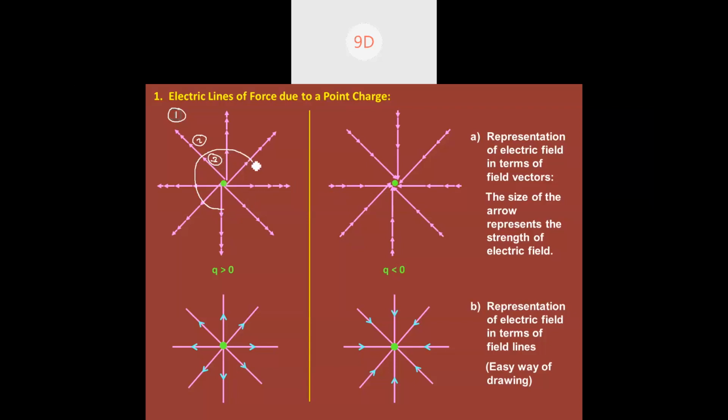Okay. Very good. So here, this is close. This third point is closer to our charge. This is our charge. Closer to our charge, so its influence is also more. The farther you go away from the charge, the less influence is felt. So you can see that in vector representation, the size of the vector indicates the strength of the field.